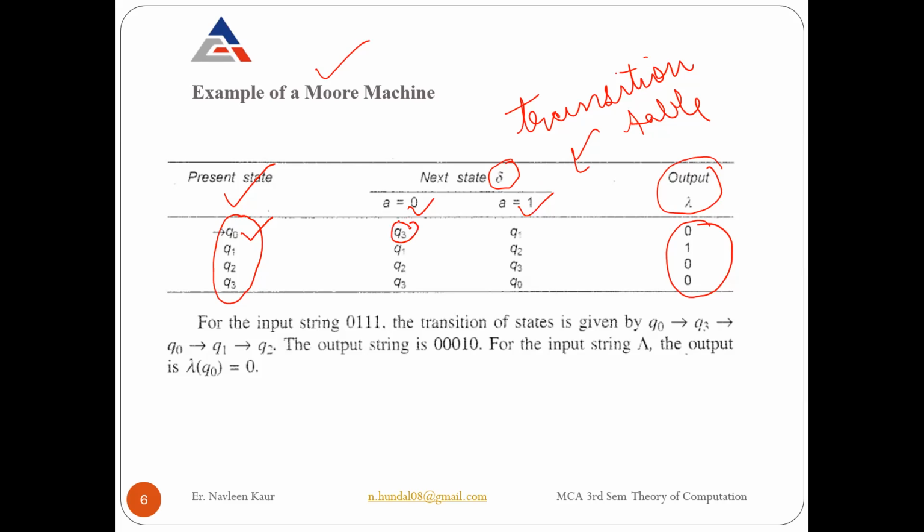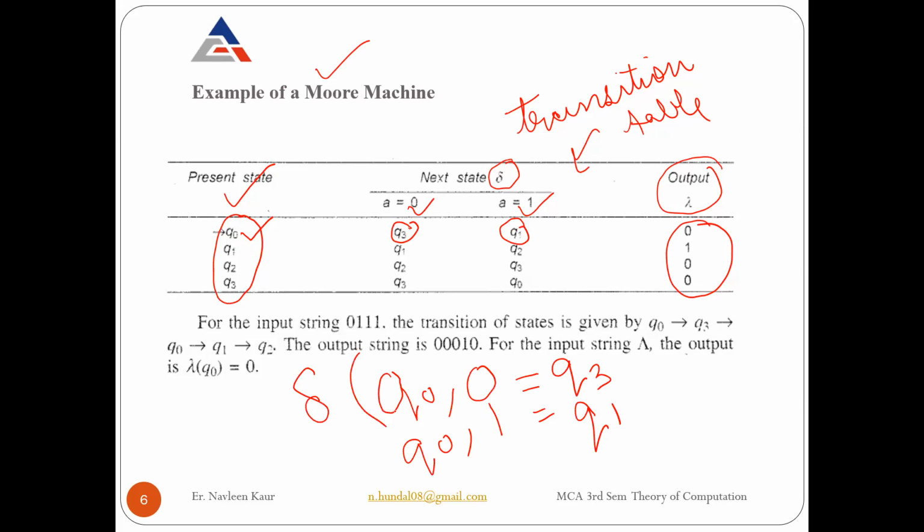So to Q naught, if I give 0 as input or I give 1 as input, the next states may vary. Can you see that to Q naught, if I give 0 as input, the next state is Q3. It means Q naught on getting 0 is going to Q3, and Q naught on getting 1 is going to Q1, right?